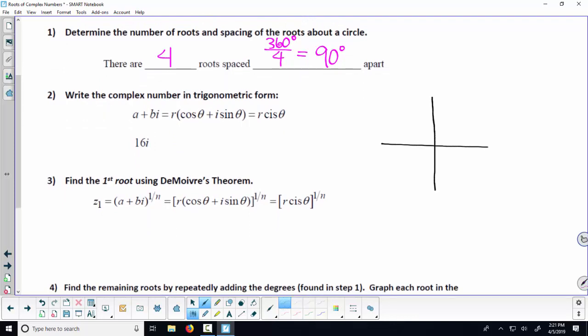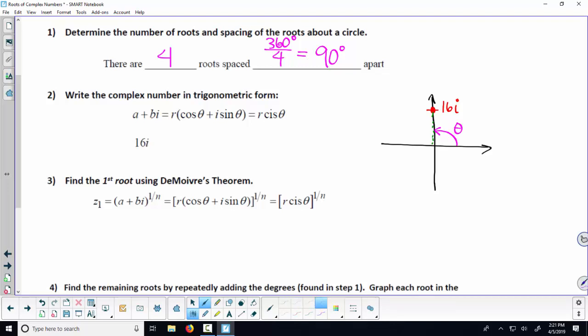So 16i is located in the complex plane on the imaginary axis. So it's up here, 16i is up here. Remember we need r, which is the distance, and we need theta, which is the direction angle.